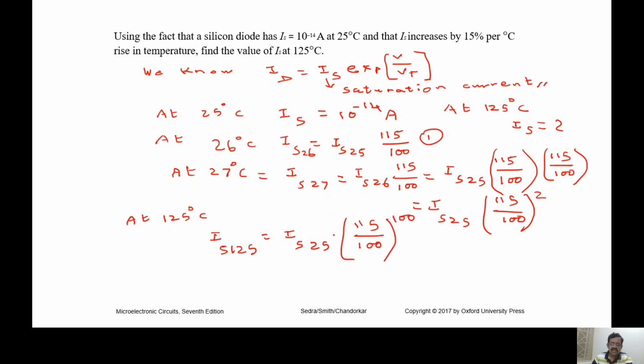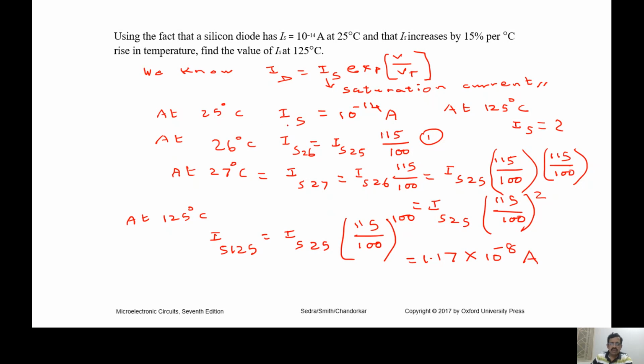You can simplify this and check it. I will give you the answer directly: 1.17 into 10 power minus 8 ampere.